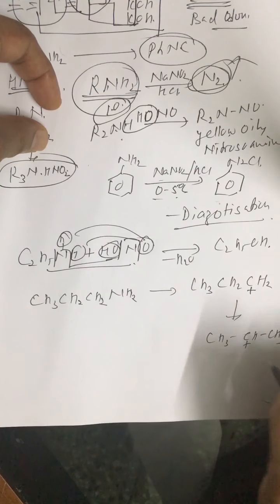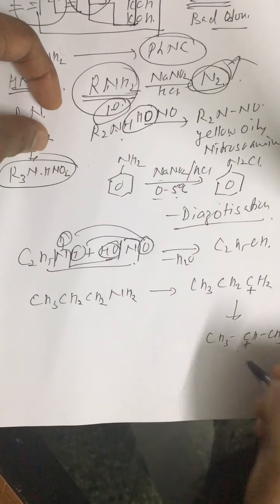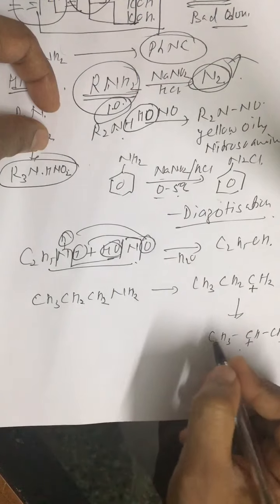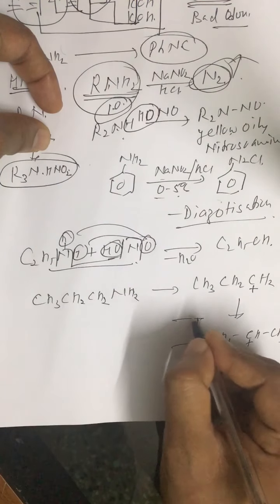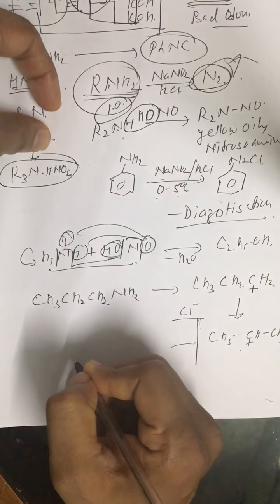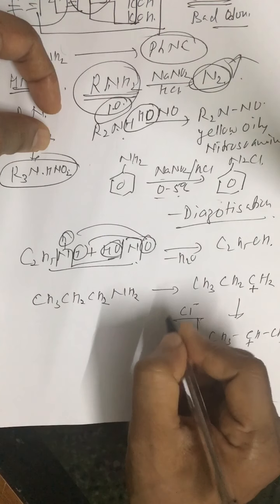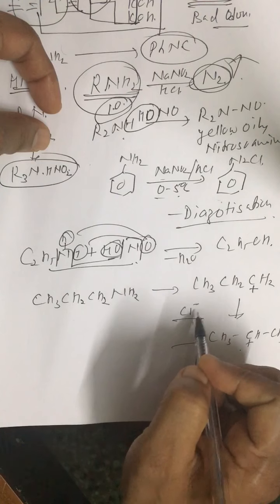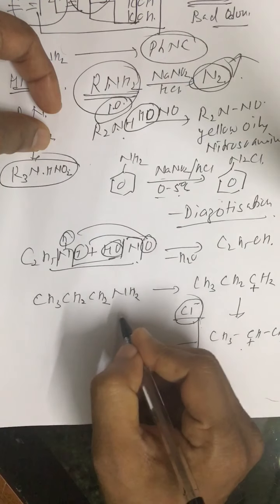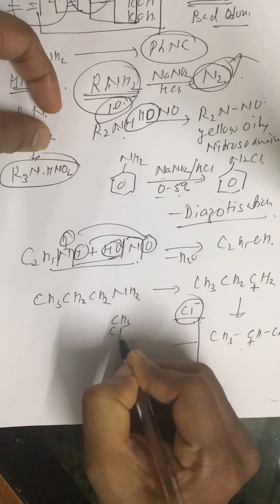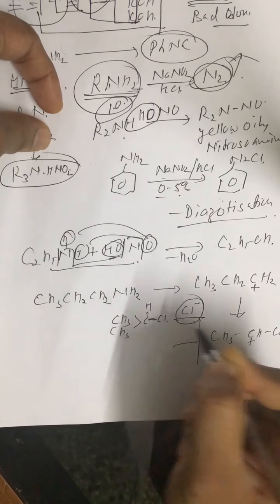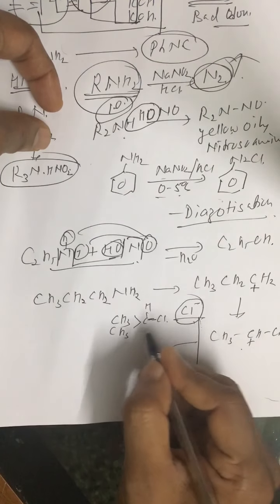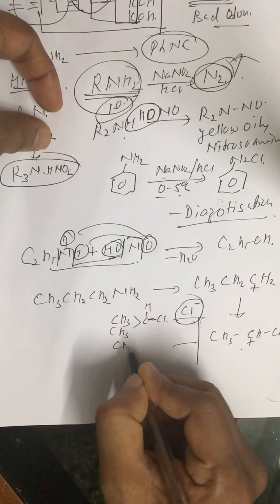So this normal propyl is converted to isopropyl carbocation, and then we have two or three options. We have Cl negative in the reaction mixture, produced from NaNO2 and HCl, so we get isopropyl chloride. Water is there, so isopropanol formation.